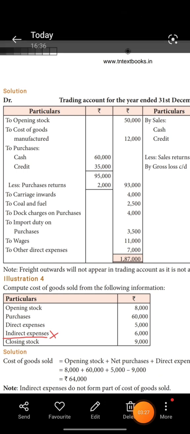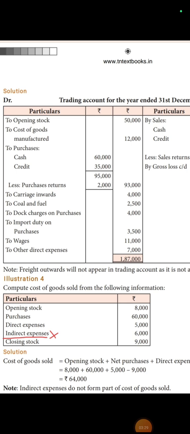Okay, and the cost of goods manufactured is shown on the debit side of the trading account. Let me tell you what items come under the cost of goods manufactured. For example, raw materials, coal, gas, fuel, water, power, factory rent, packaging, factory lighting, royalty on manufacturing goods, etc. come under the cost of goods manufactured.